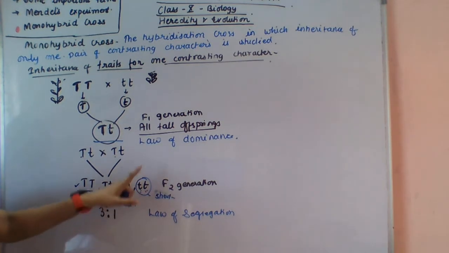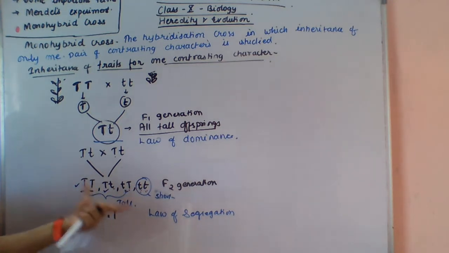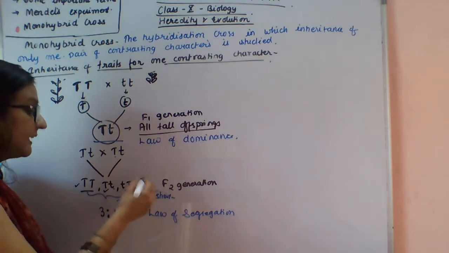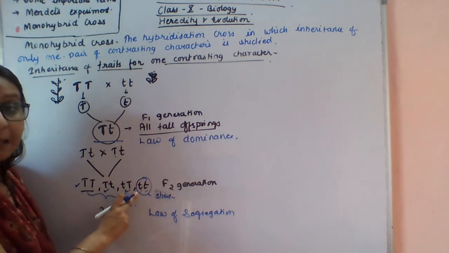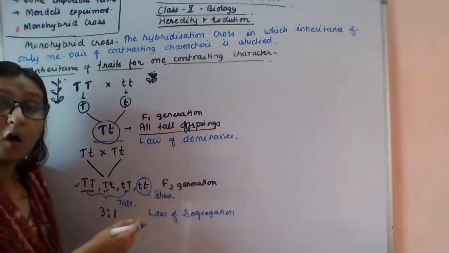So in the F2 generation we see both characters recovered, though one of them is not seen in the F1 stage, due to gamete formation. The pair of factors or alleles get segregated from each other. Okay, so this is called the law of segregation.